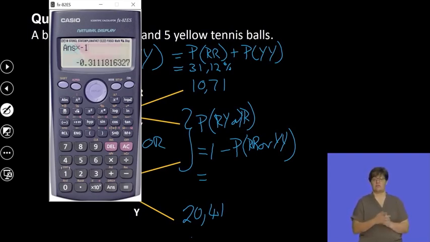That's correct. And then I'm going to add 1 to it. And guess what I get? I get an answer of 0.6888. So that's 68.89%. So my answer overall, the percentage of getting two different colors, is 68.89%.